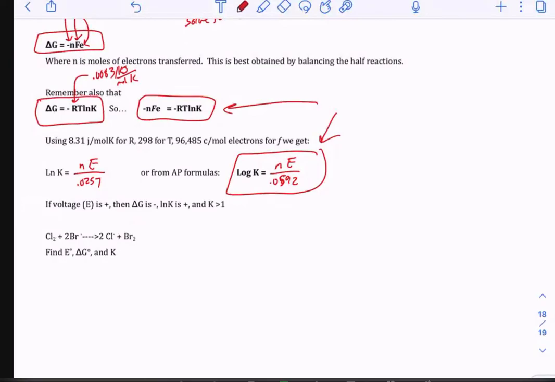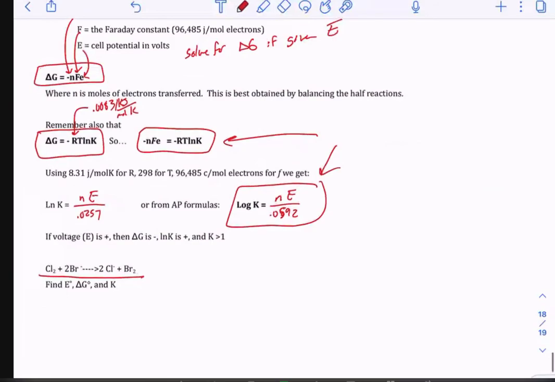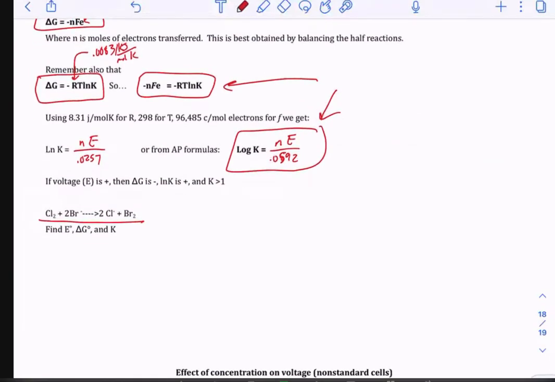So basically what you need to do is take an equation, find the voltage, find the free energy, and then find the K. So let's do that. The equation that we're referencing is right here. Chlorine is being reduced, bromine is being oxidized. To find E, I need to know the oxidation potential and the reduction potential. The reduction potential is easy. That just comes straight off the chart. For bromine, the reduction is 1.07.